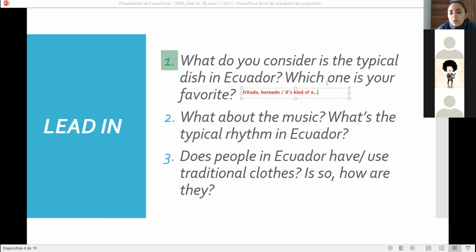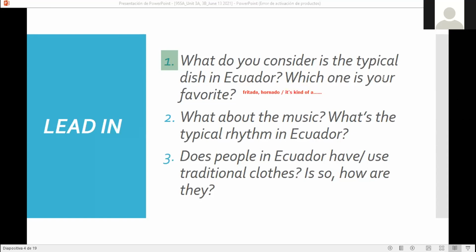Y ahí explicamos cómo está hecho el plato, ¿sí? O qué es lo que contiene. It's kind of a fish soup, como nos decía Lau. O it's kind of a beverage, es un tipo de bebida, por ejemplo, con la chicha. Thank you, guys.